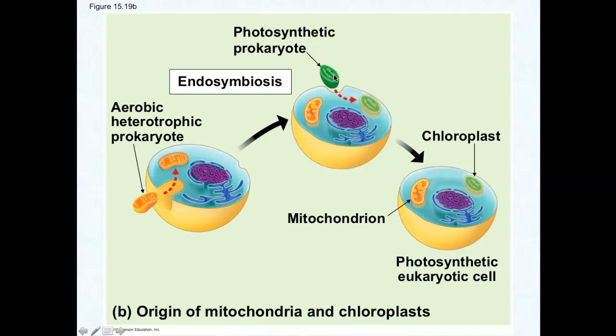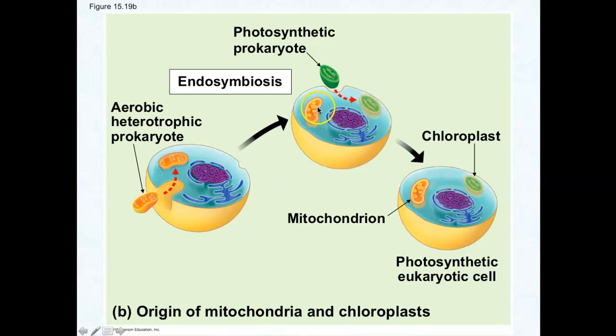So the chloroplast was at one time a free-living prokaryotic cell which was photosynthetic. It came into a host cell, a larger cell, and because this chloroplast could harness the sunlight and also create organic compounds like glucose, it was beneficial for the host cell.